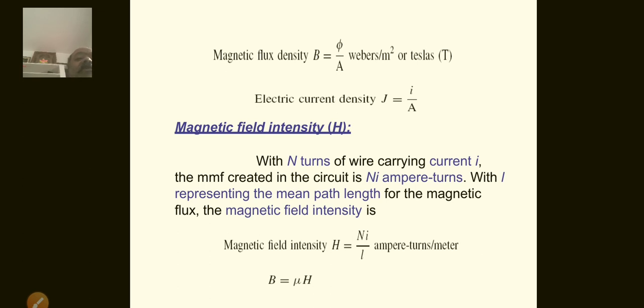With N number of turns of wire carrying a current I, the magnetomotive force created in the circuit is Ni ampere turns, where N is the number of turns and I is the current flowing through the circuit. With L representing the mean path length of the magnetic flux, the magnetic field intensity H is equal to Ni by L, ampere turns per meter.